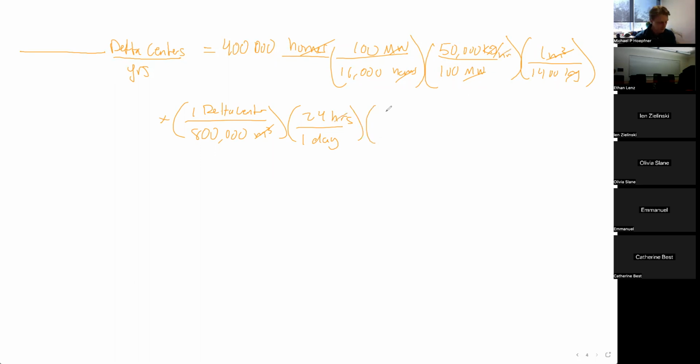And lastly, 365 days is 1 year, and days cancels with days. The final answer is 9.78. So a whole lot of coal, but it's a whole lot of homes as well, 500,000 homes. But it helps visualize just how much the energy needs are for our current society.